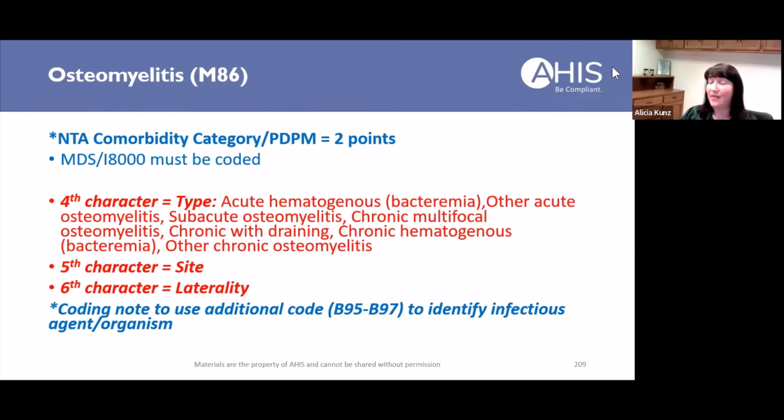And then we have N39.0, which is just urinary tract infection. Those standalone infection codes will always ask you for an additional code from category B95 to B97 to tell what the infectious organism is if we know it. So osteomyelitis is another infection code. It's not under the infection category, but it is an infection and it still follows the same rules.